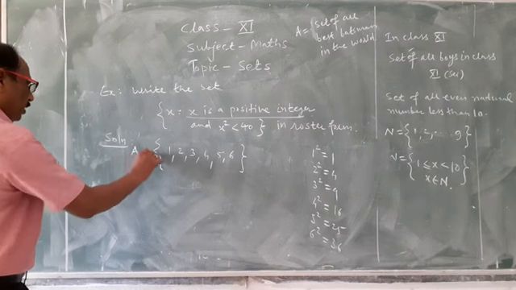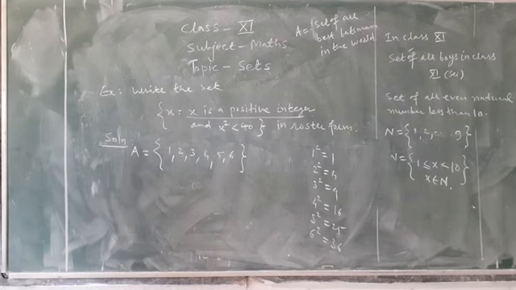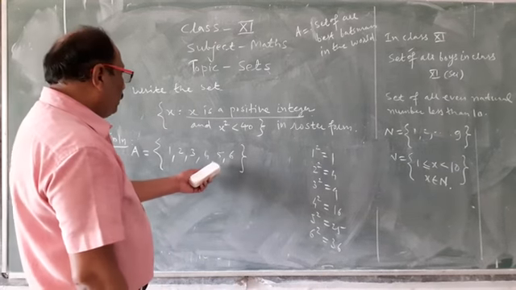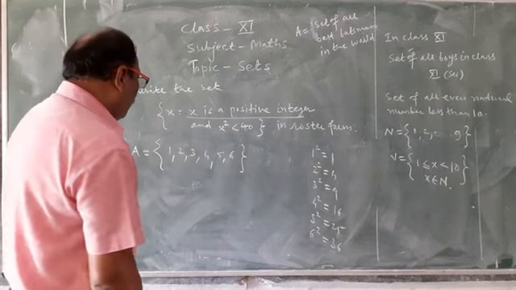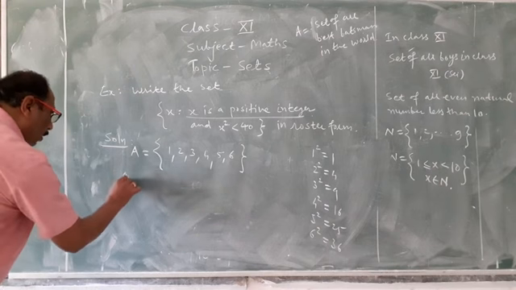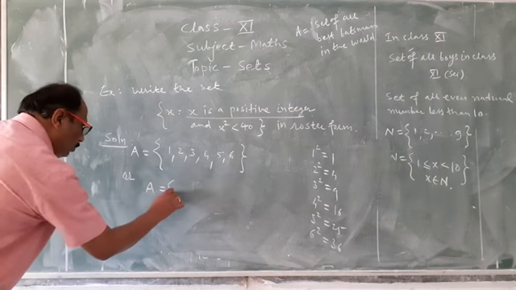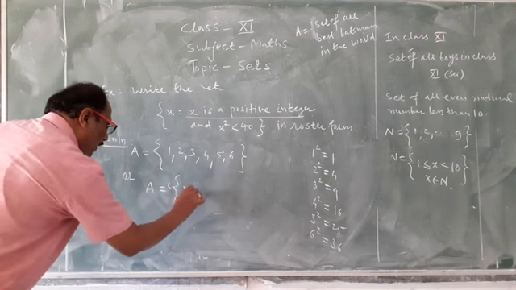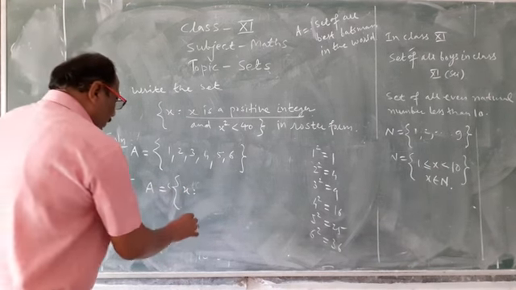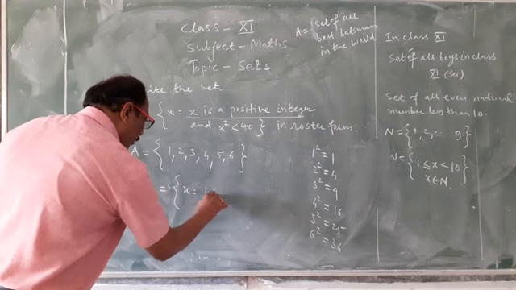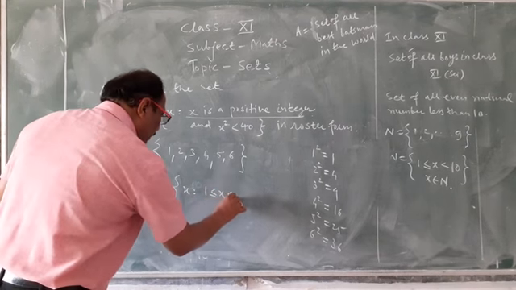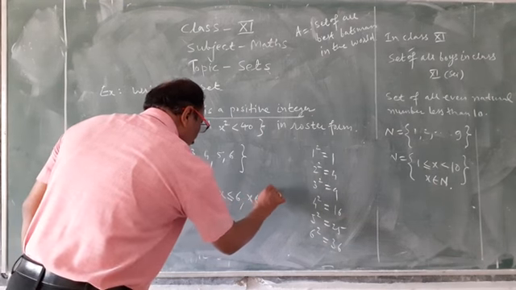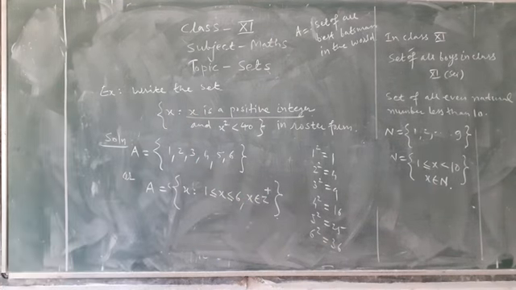Means A is equal to these elements 1, 2, 3, 4, 5, 6. In set builder form, A is equal to the set of all x such that 1 less than or equal to x less than or equal to 6. What is x? X belongs to Z plus. We write this one.